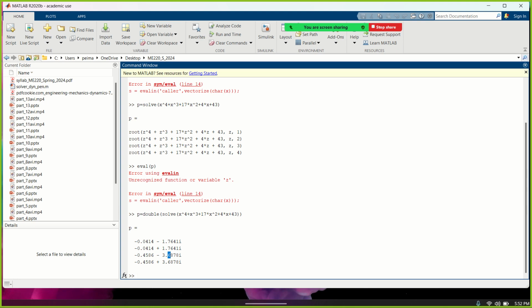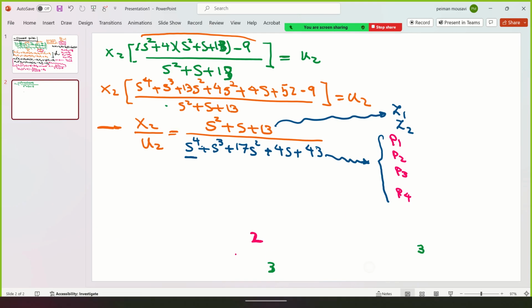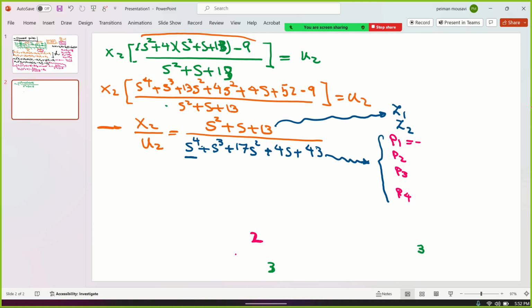So P1 is minus 0.04 plus 1.76 i, and minus 0.04 minus 1.76 i. P3 is minus 1.4 plus 4.6, minus 3.7 i. Okay, that's enough for me, because I want to work with the real part.